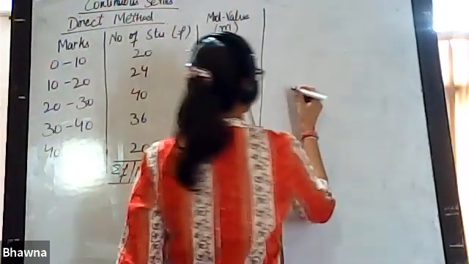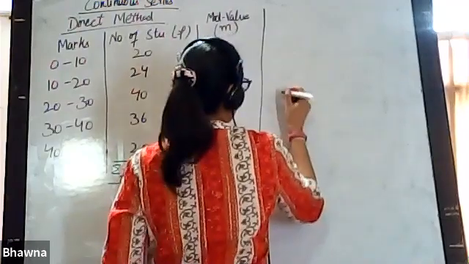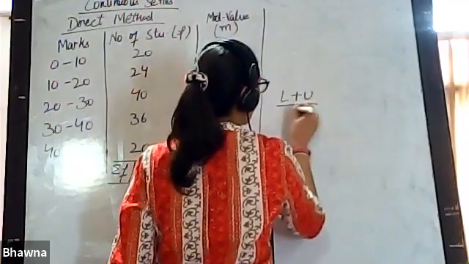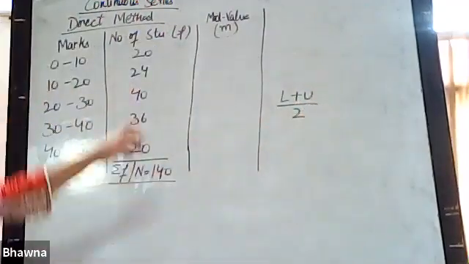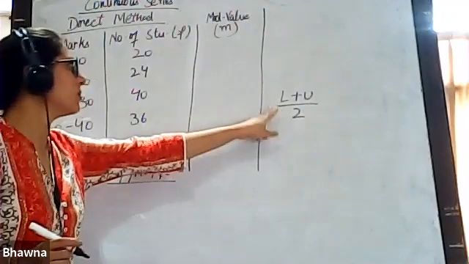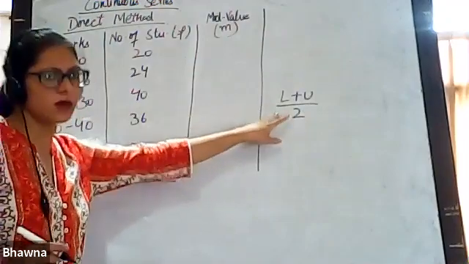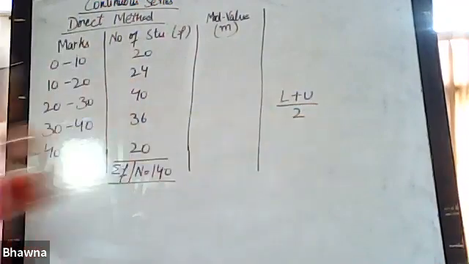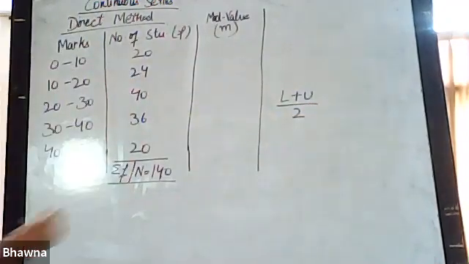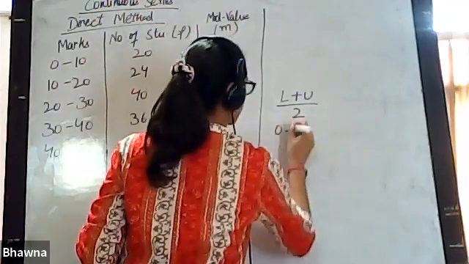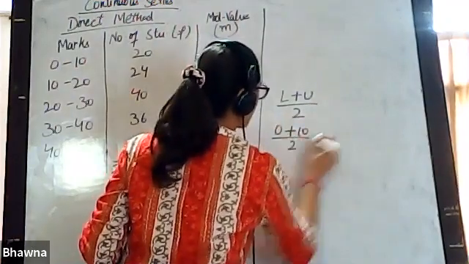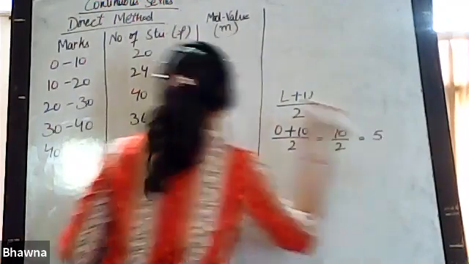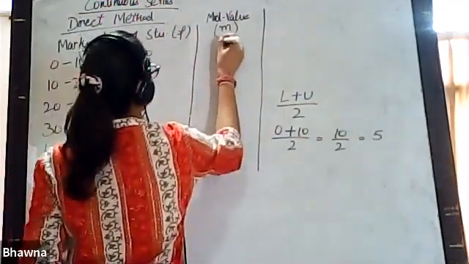The formula to calculate the mid value is lower limit plus upper limit divided by 2. The lower value is here 0 plus 10 divided by 2. 10 divided by 2 is equal to 5. So we write the 5 here.